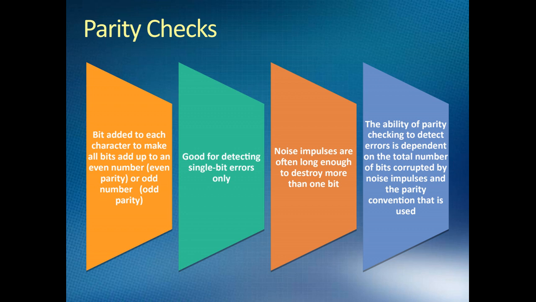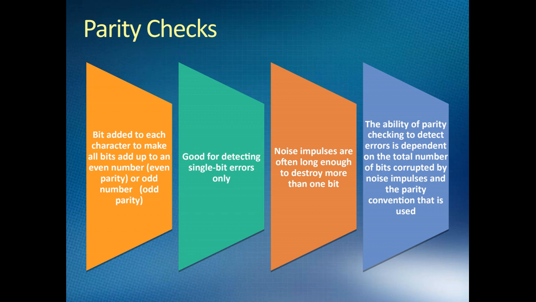Parity is odd or even. So with parity, I make sure that when I am receiving a frame, I know that the frame I receive should be odd or should be even. If I receive even, then there's a problem.